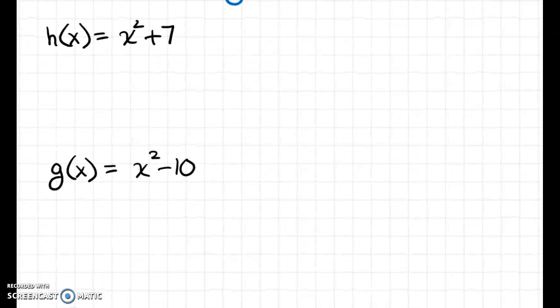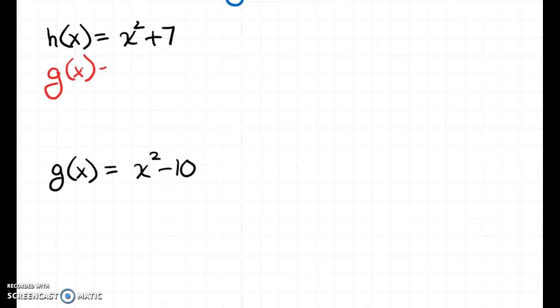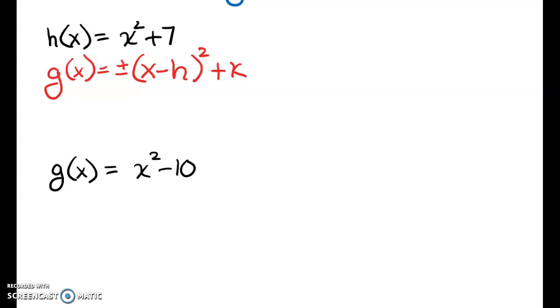So I'm going to go ahead and write my generic equation here and see what things I have missing. Plus or minus x minus h squared plus k. Well, it looks like I'm squaring x, right? I'm squaring x, but there's nothing being subtracted from x.